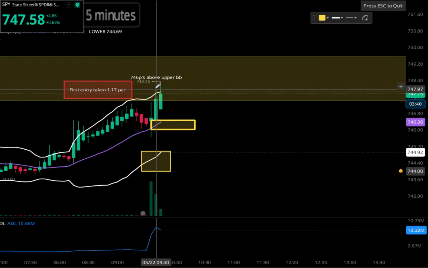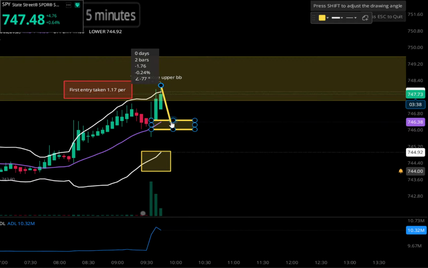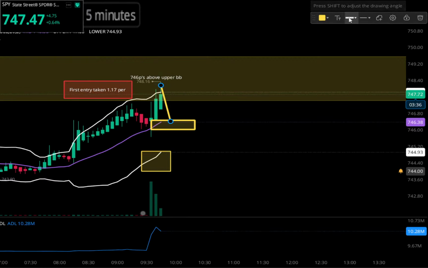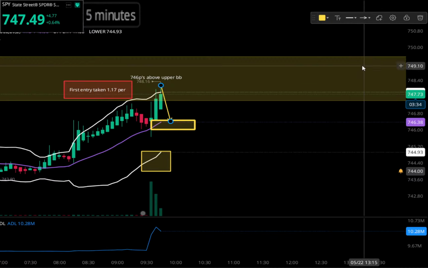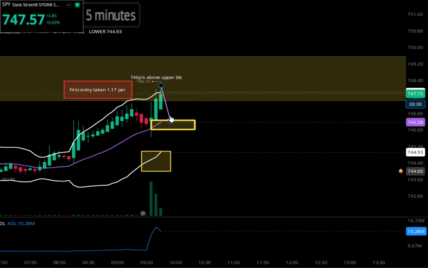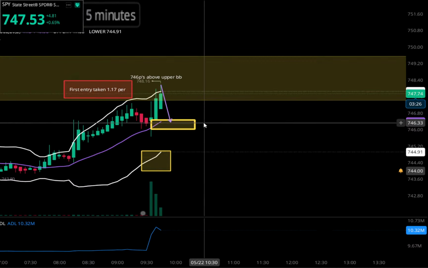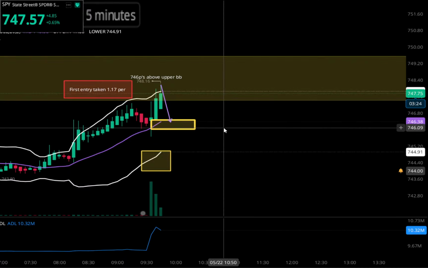So our target is from the upper Bollinger to the 20 mile. We already have our sell level set. We have everything ready to go. We're just waiting for the market price to give us the price action we're expecting.